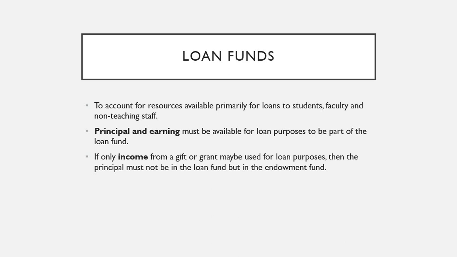So, kapag hindi daw siya, if only income, so kapag yung income lang daw from that gift or grant may be used for loan purposes, then the principal must not be in the loan fund but in the endowment fund. So kapag again yung income lang yung dapat gagamitin or used for loan purposes, then yung principal hindi siya dapat kasali sa loan funds. Dapat nasa endowment fund siya, investment purposes. The income of which is used for loan funds.